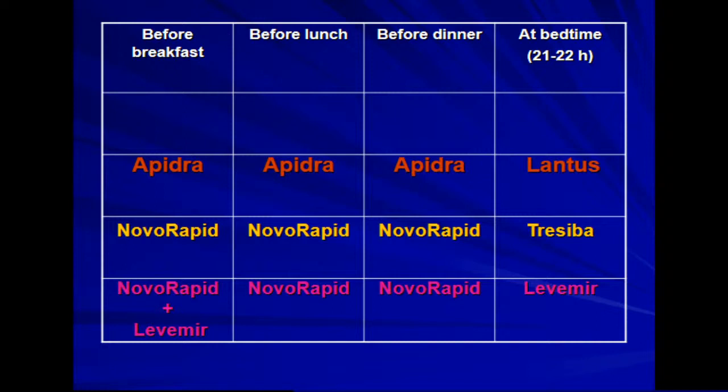Another scheme: before meals Novorapid, and at bedtime Tresiba. And sometimes before breakfast we do 2 injections, Novorapid and Levemir. Before lunch and before dinner, only ultrashort-acting Novorapid. At bedtime, again, Levemir.